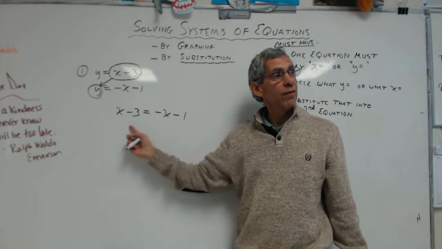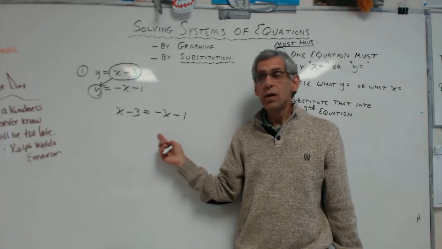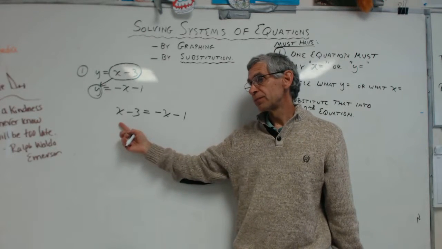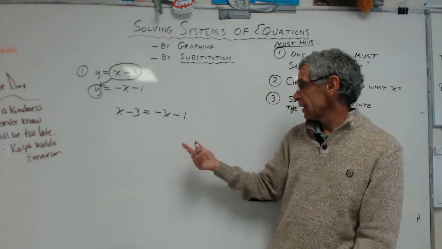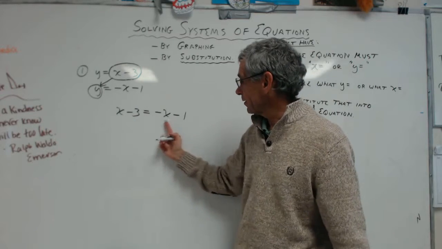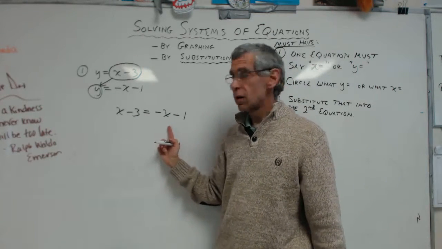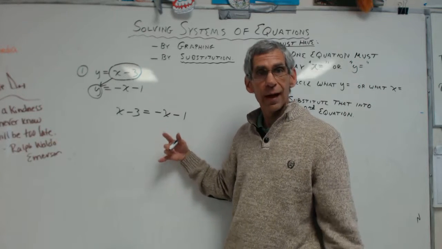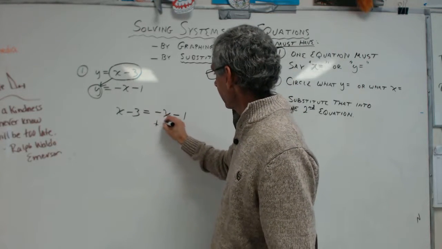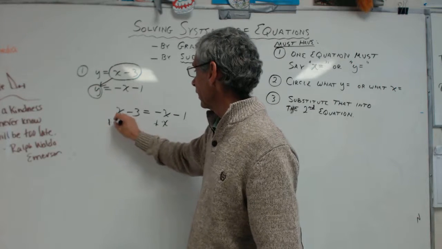Whenever you have one equation with one type of variable, you can always solve for that variable. So I can solve for my x. I don't like my x's on both sides. I don't like negative x's personally. I like positive x's. So I'm going to add x to both sides.